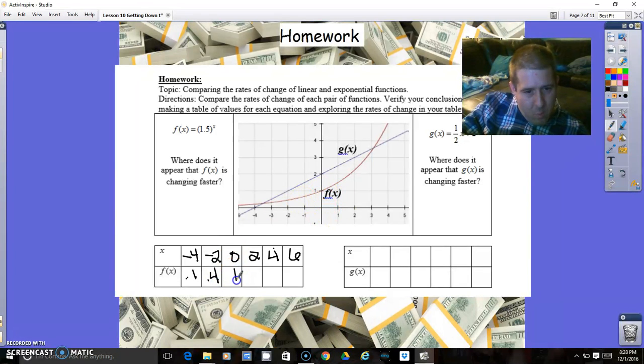0 looks to be 1 exactly. 2, well, 2, and this is going to be about 2.2. 4 would be about 5 exactly, and then I could just make a guess. Where do I think? Oh, whoop, 4. I went to 5, didn't I?